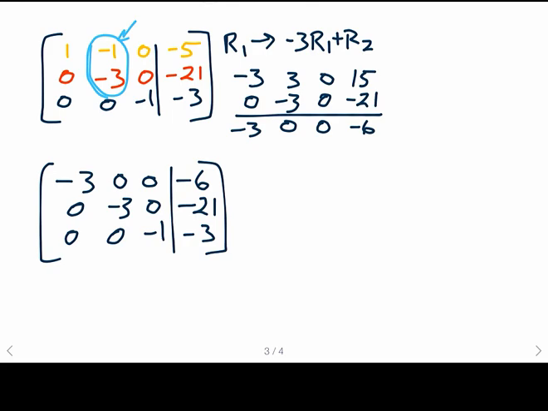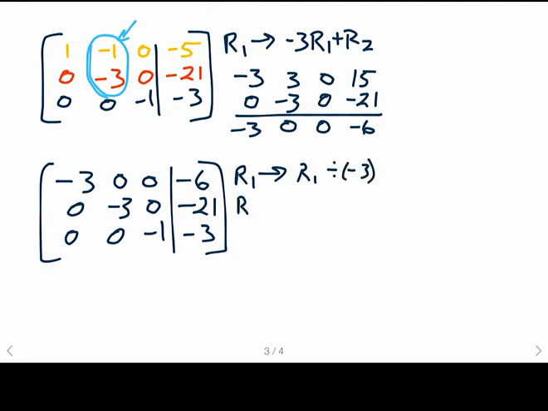Okay, so I've stopped at an intermediate step here. My matrix is -3, 0, 0, -6, 0, -3, 0, -21, and 0, 0, -1, -3. If it wasn't clear before, now what I want to do is replace row 1 by row 1 divided by -3.